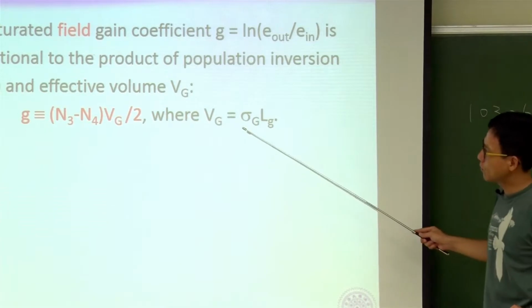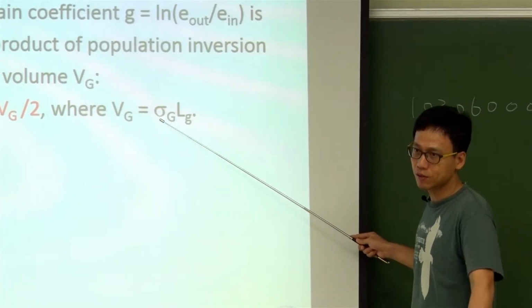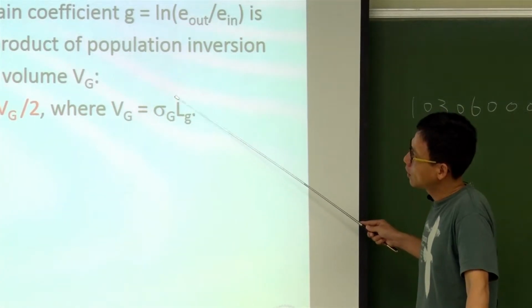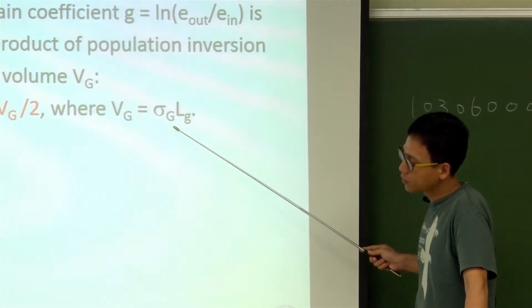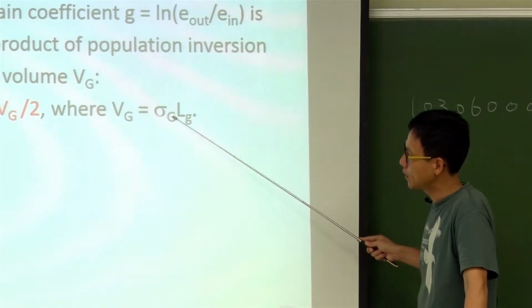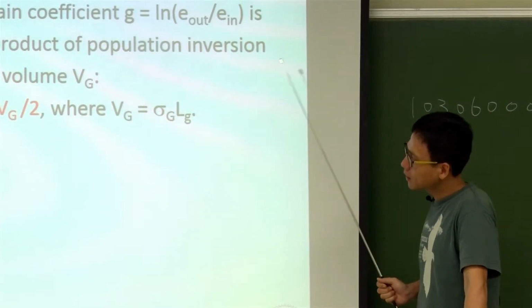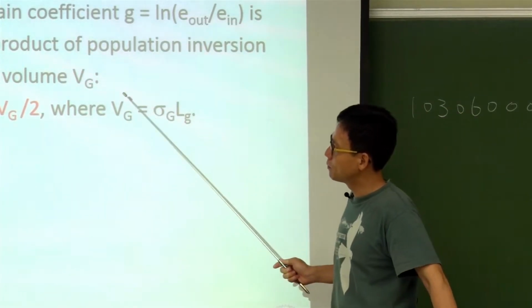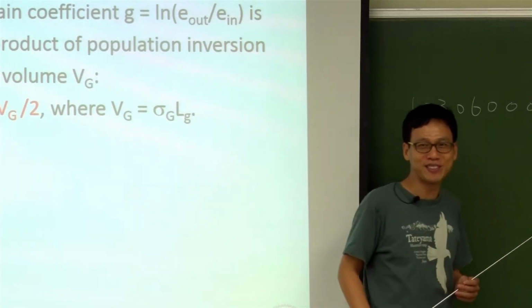And Vg is defined here: cross-sectional area, as we just introduced earlier, times working distance, Lg. Although the physical units are correct, this is area, this is distance, so the product is volume. But you must be curious about why this formula is reasonable, right?